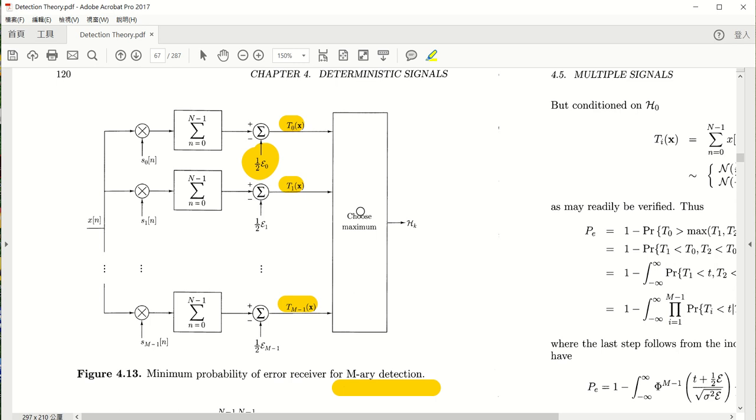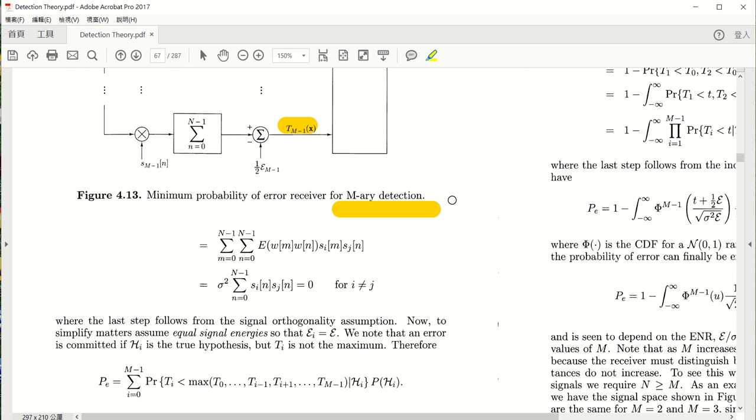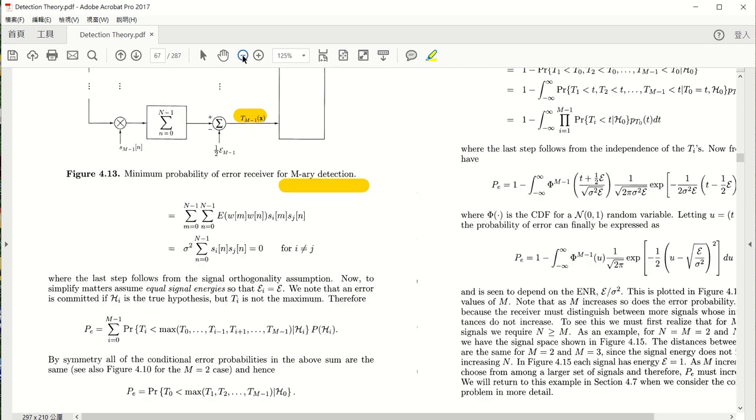Then you choose the maximum. For example, if you have 0 to 5, and T3 is the maximum, then you will choose H3. That's the maximum likelihood here. So that gives you a decision. That's the maximum likelihood detector.